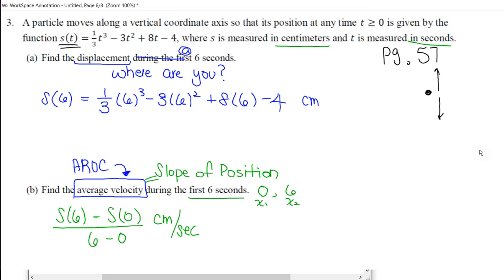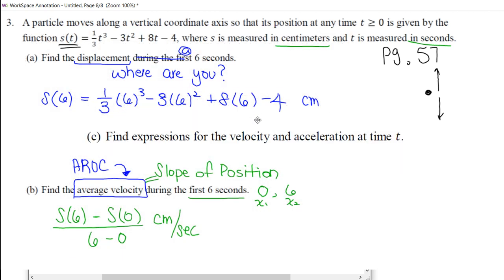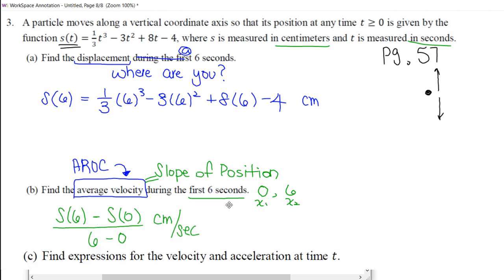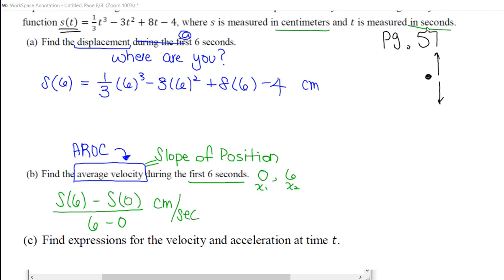Let's see if this will let me paste it. Okay. So find the expression for the velocity and acceleration. That's what they want us to do. So how do we get from position to velocity? We're going to have to take the derivative of that. So my velocity, which is the derivative of the position, would be t squared, because I've got to bring the 3 down.